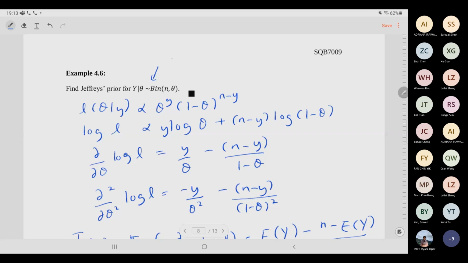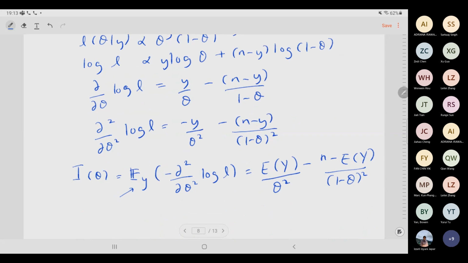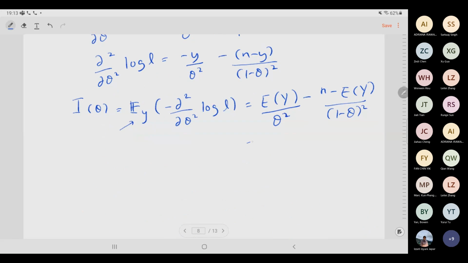The mean, the expectation of Y, is n theta.